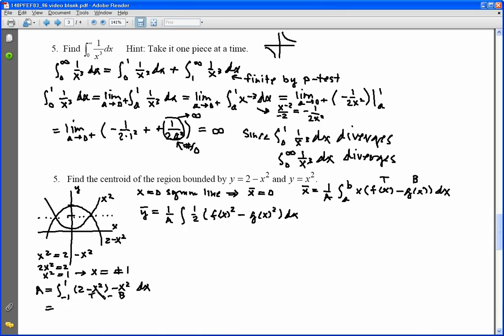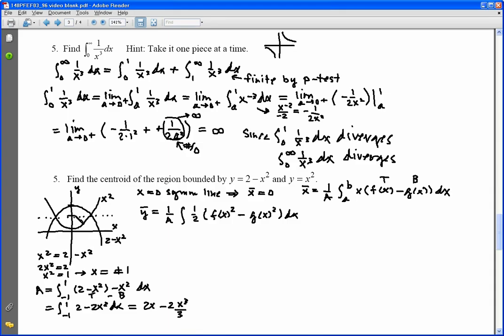And that's just going to be 2 minus x squared minus another x squared. This is just integral from -1 to 1 of 2 minus 2x squared dx, which is an easy antiderivative. That's going to be 2x minus 2, and then this will be x cubed over 3.